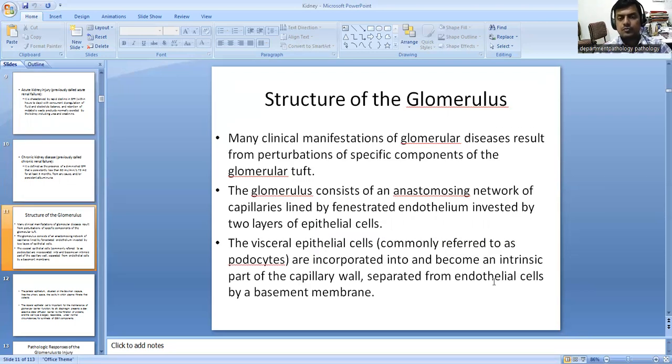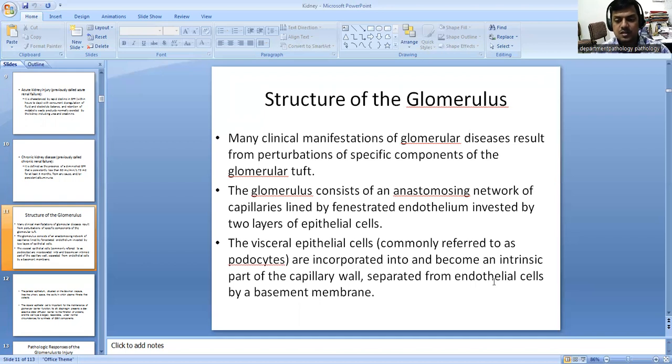Now we will discuss the structure of the glomerulus in brief. Many clinical manifestations of glomerular diseases result from perturbations of specific components of the glomerulus.